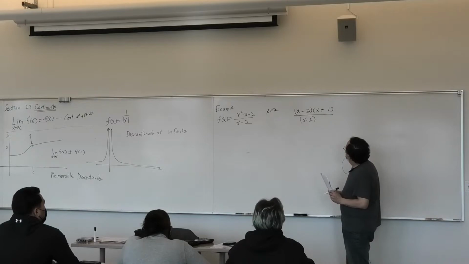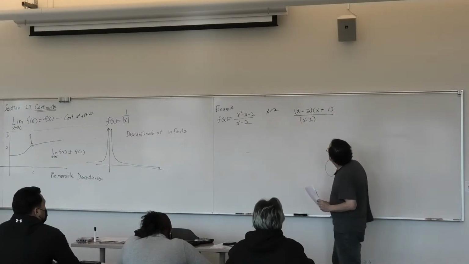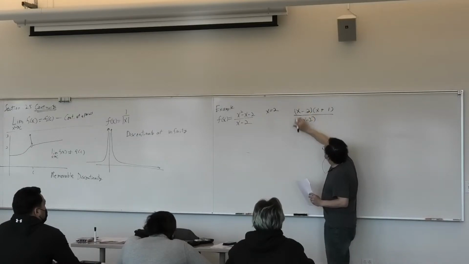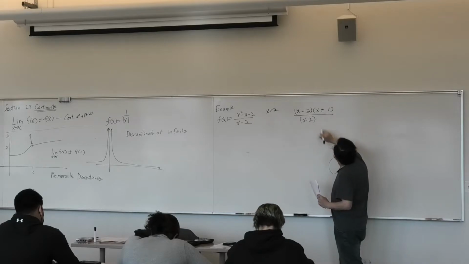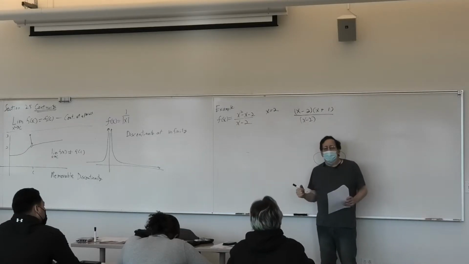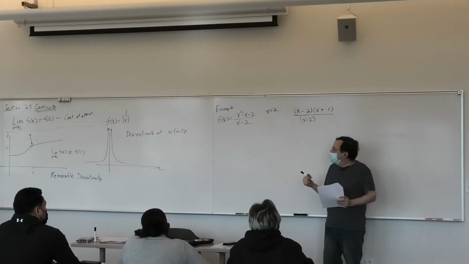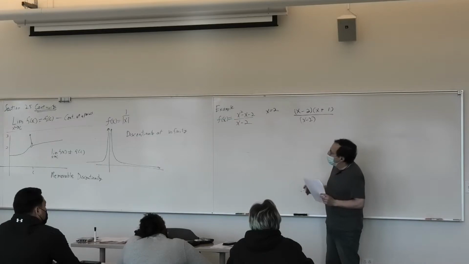And we can see here that the limit as this function goes to 2, well, this is going to cancel out, and so the limit is going to be 3. But the function isn't defined there. So what kind of discontinuity do we have here?